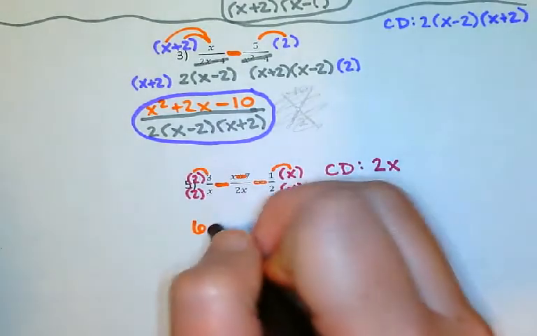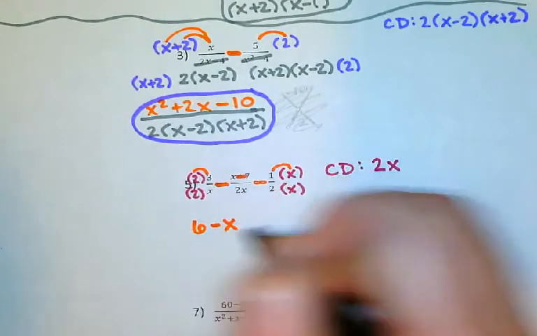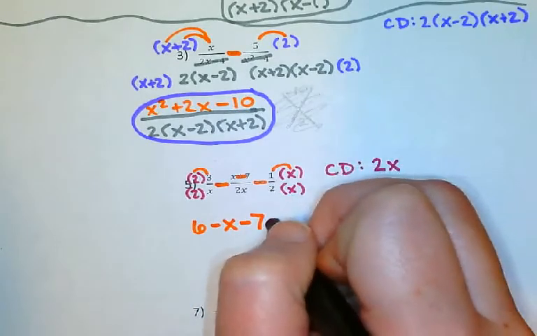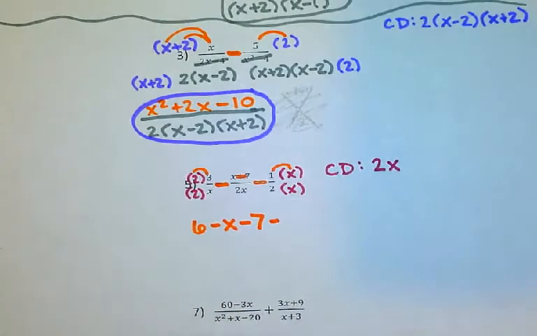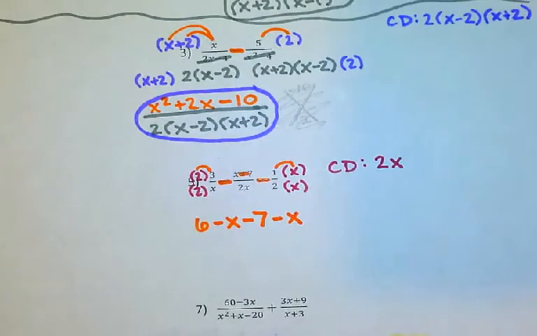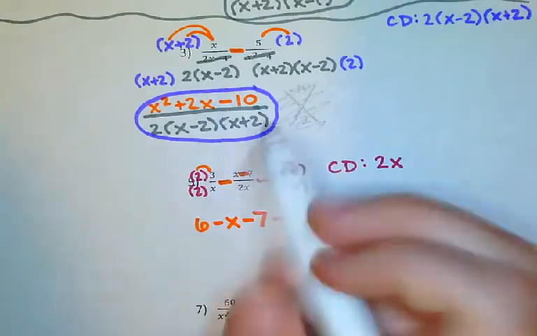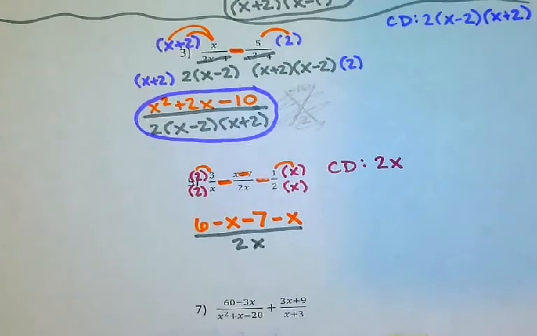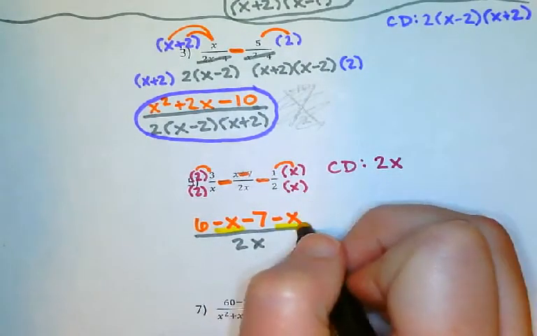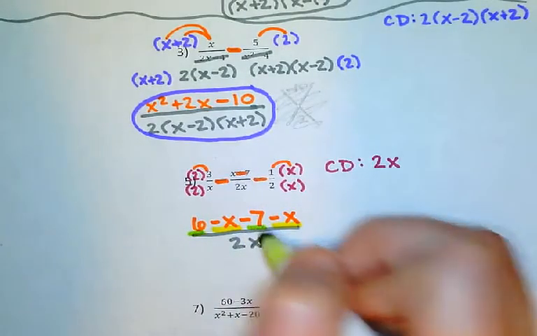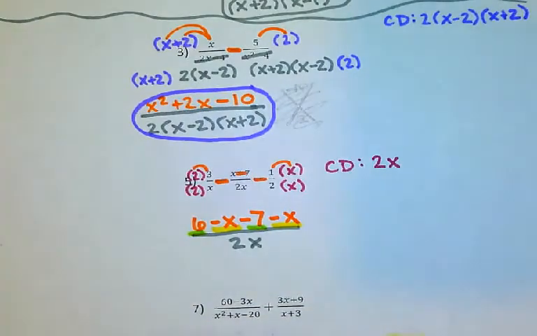Alright, so this is going to be minus x minus 7, and then minus 1 times x is 1x. Alright, and this is all over our common denominator of 2x. Now we combine like terms, so we have some x's here that we can combine, and we have a 6 and a negative 7 that we can combine.